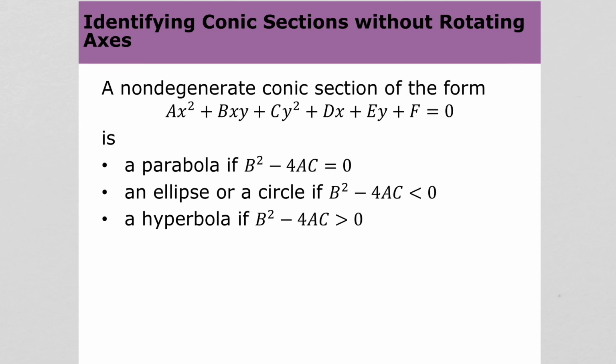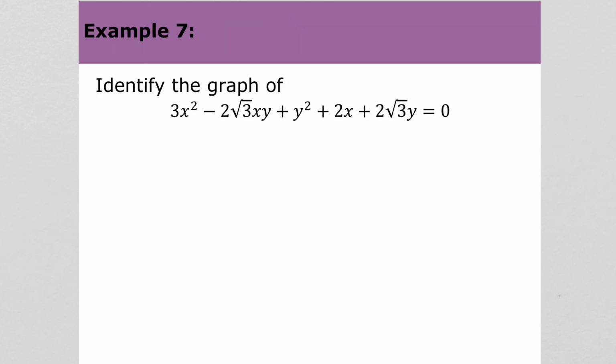So with the BXY inside, it's a parabola if b squared minus 4ac equals 0. It's an ellipse or a circle if b squared minus 4ac is less than 0. And it's a hyperbola if b squared minus 4ac is greater than 0. So this says identify the graph.